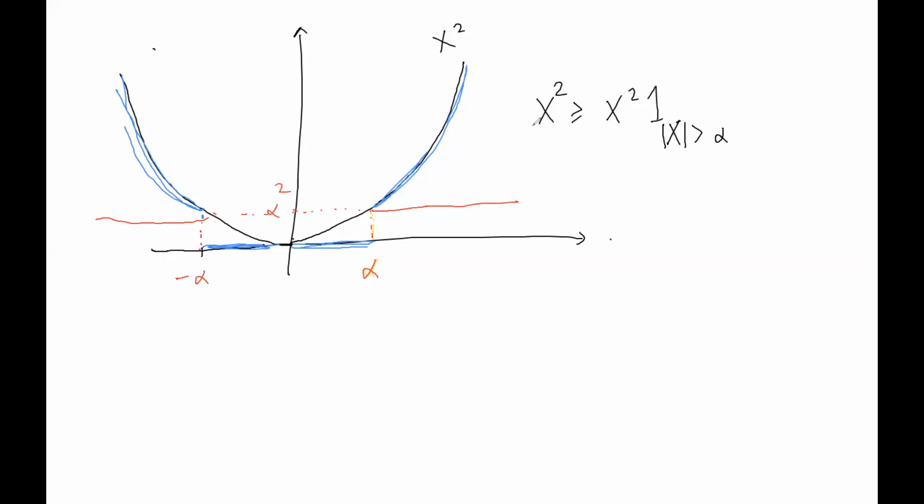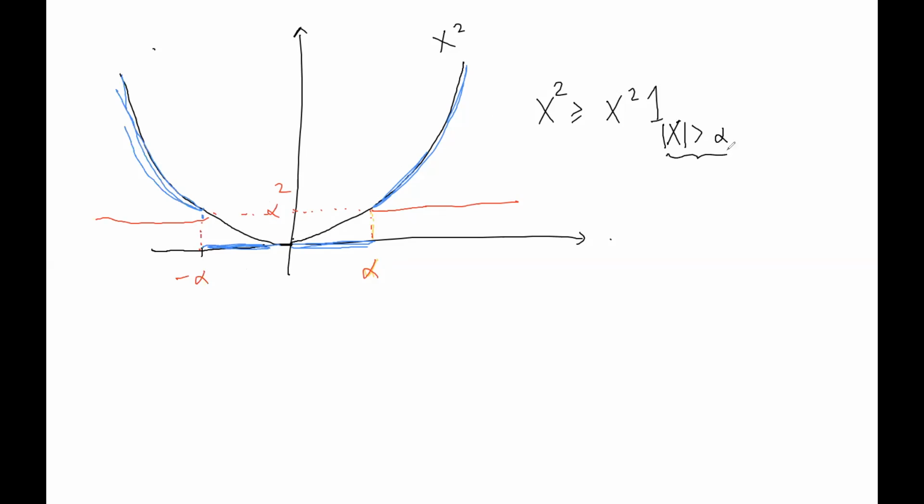Okay, so I think this is the appropriate one. All right. So let's start again. So you have x squared is this curve here. Now this black curve here is larger than the blue curve, right? The blue curve, you have two parts here. Between alpha and minus alpha it is actually 0.